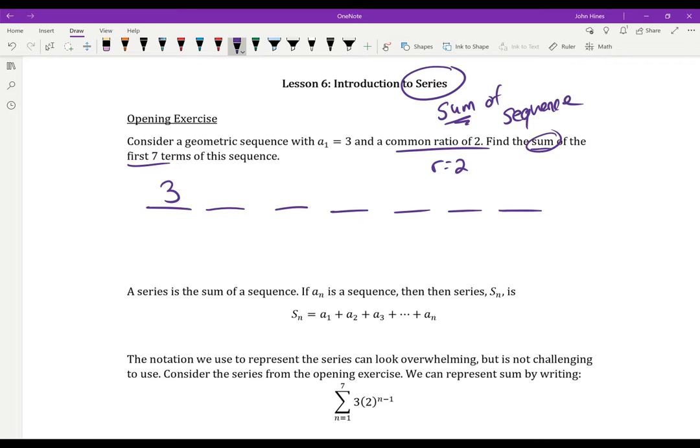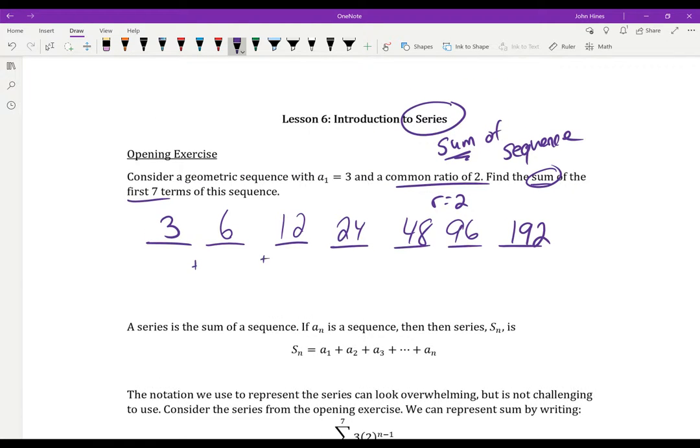Let's find those 7 terms, and then we're going to find the sum of them. So 3 times ratio 2 is 6, 12, 24, 48, 96, 192? Yes, 192. I'm checking that one. Now I need to find the sum of these, so I need to add all of those terms up.